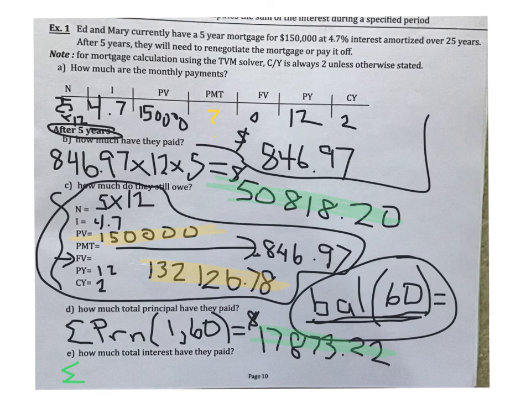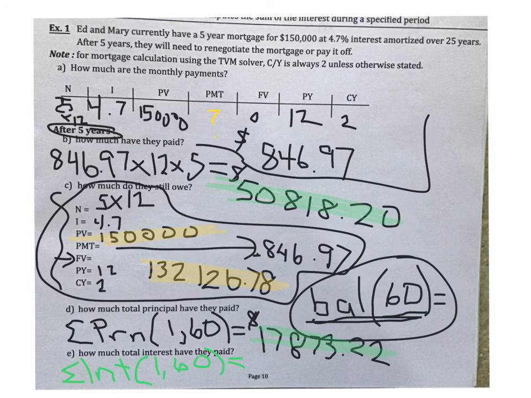This one, if you go under finance, is the letter A. It's an INT. Once again, for this one, you need to start at payment 1 with the bracket, go to 60, and then close your bracket and press enter. I'm just going to type that in: 1, comma, 60, close my bracket and press enter.